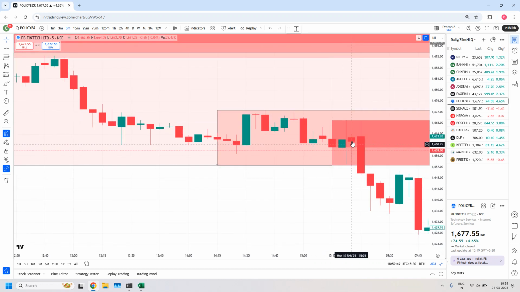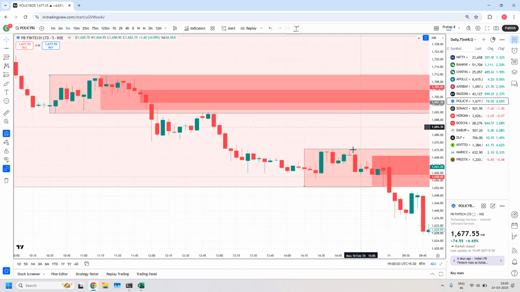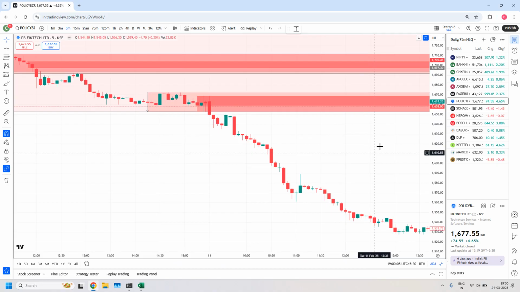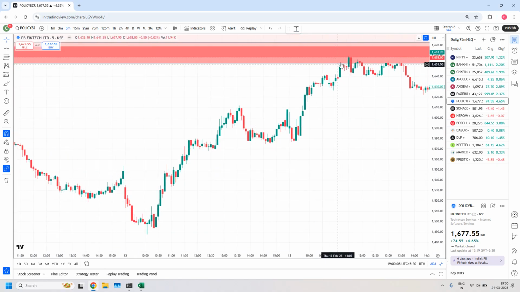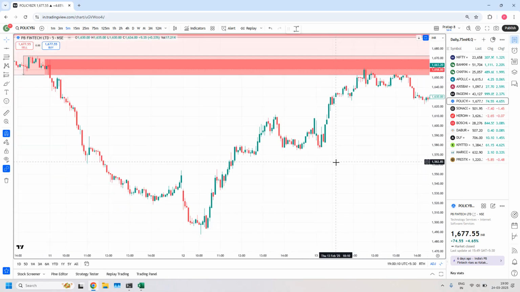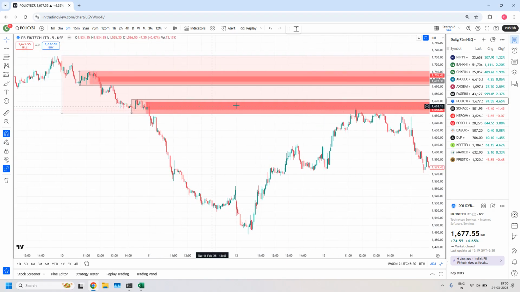But the only concern I have here is this candle is looking like a large candle compared to all, so whether to consider it a base candle or not. I have drawn this zone, but anyway this zone is already tested here. That means this zone worked well previously, but we can't plan anymore because it is a tested zone.